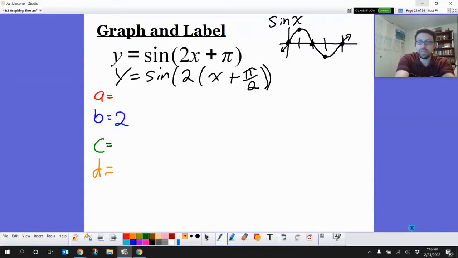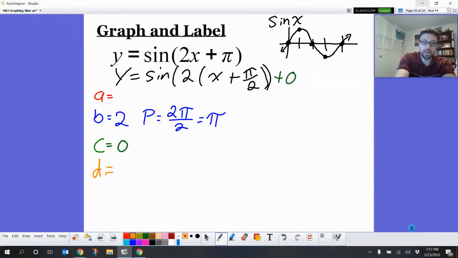Speaking of B value, let's write it down. Our B value is 2, making our period 2 pi over 2, which is just going to be pi. All right. Our C value, it doesn't really exist. It's like a plus 0, so nothing doing there. Oh, wait, that's our D value. Oops. Well, at least I caught it.